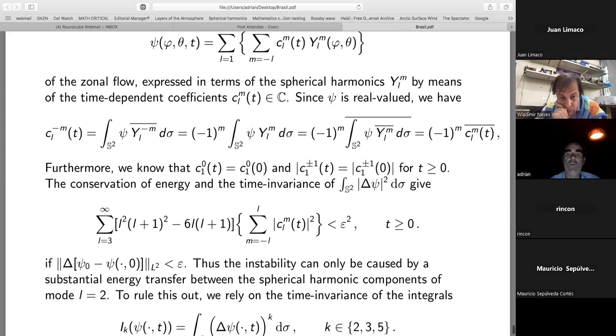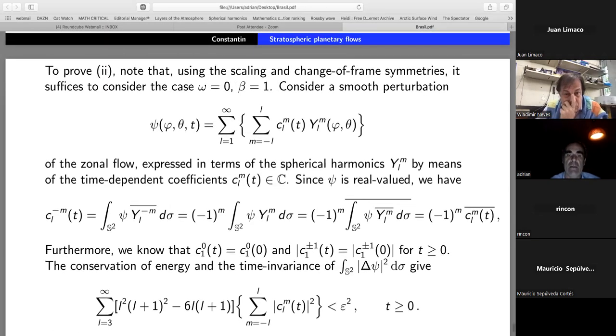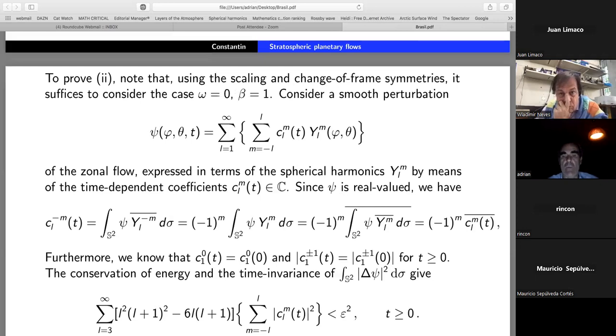So if you look at this, what we can show using the conservation laws is this relation that is written on the bottom here. It's important that L is greater than 3, because then this coefficient is positive.